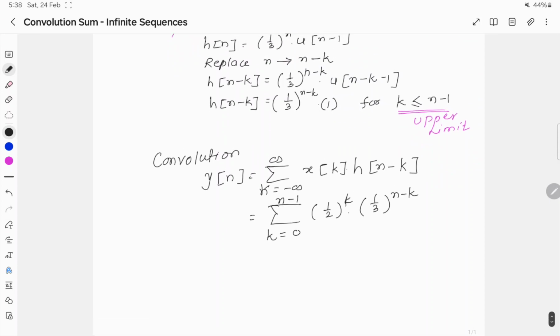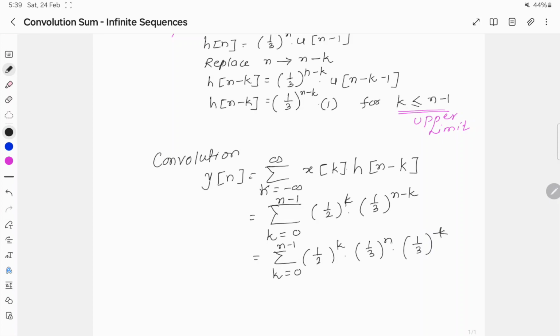Now simplify this summation. 1 by 2 raised to k will be as it is, into 1 by 3 raised to n, we are going to separate out these terms, 1 by 3 raised to minus k.